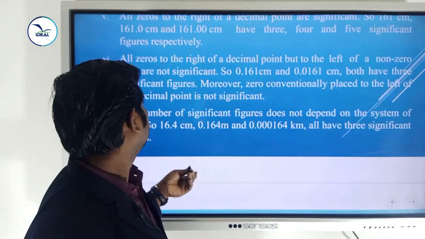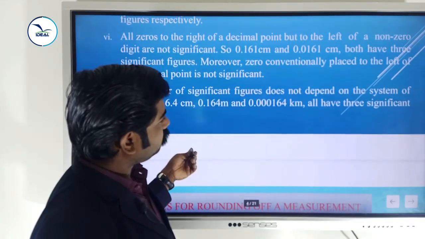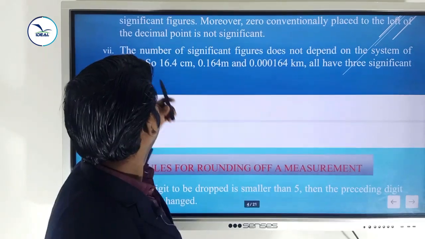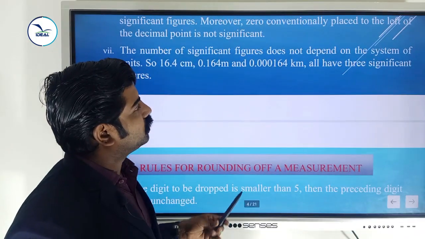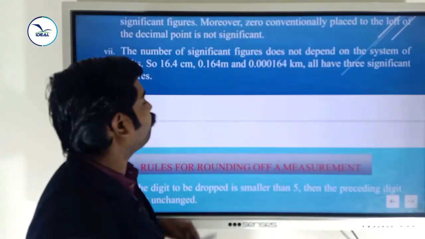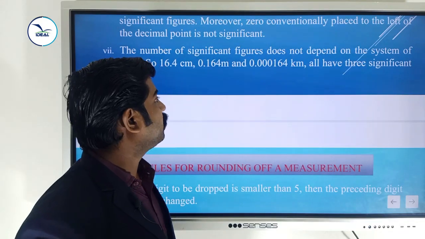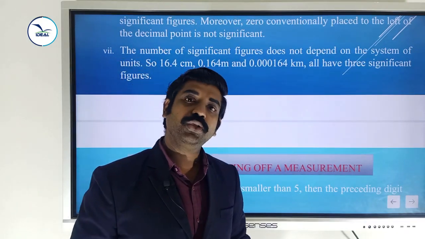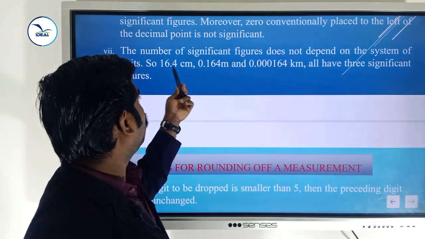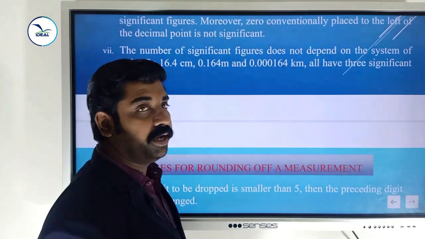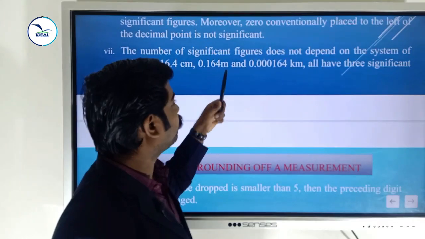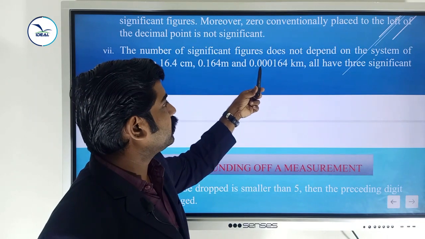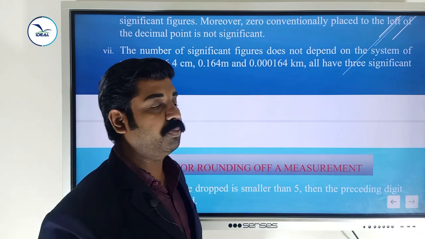Okay, and the next one. The number of significant figures does not depend on the system of units. If it is 16.4 centimeter, then it is 0.164 meter, and here 0.000164 kilometer.